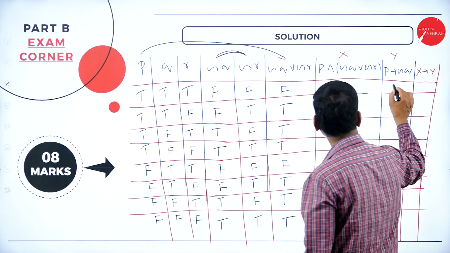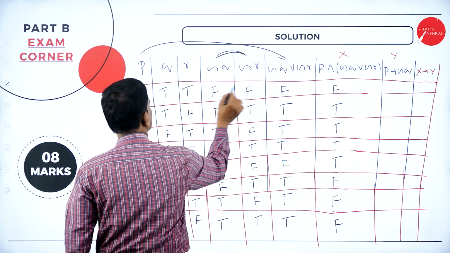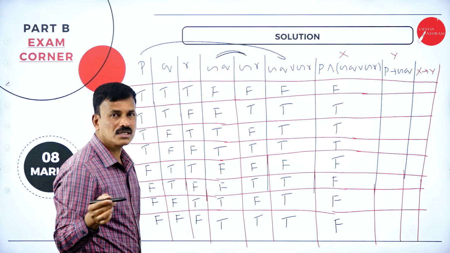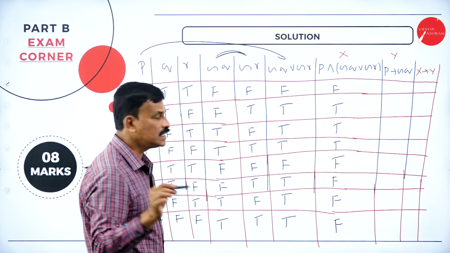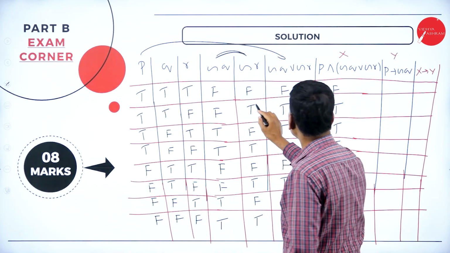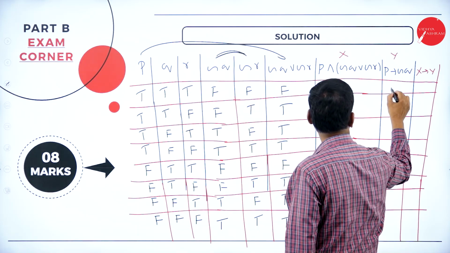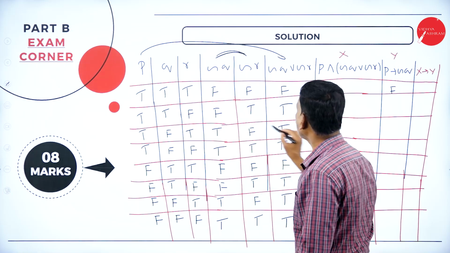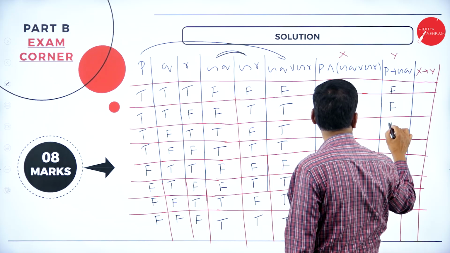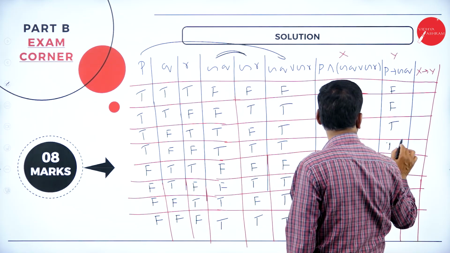Now, just write down the conditional for P and negation Q. Conditional: true and false is false, in all other cases it is true, right? So, conditional for P and negation of Q: true and false is false, again true and false is false, again true and true is true, again true and true is true.